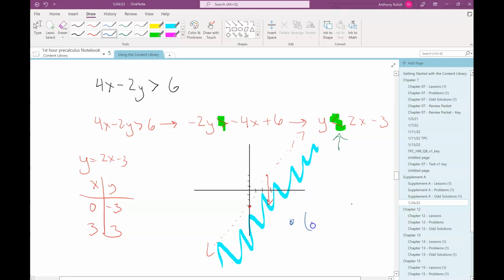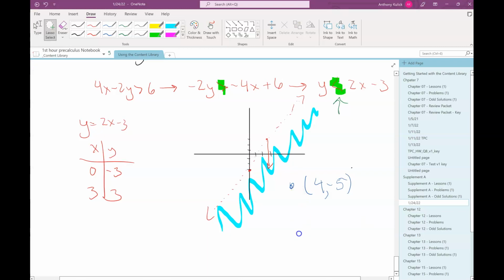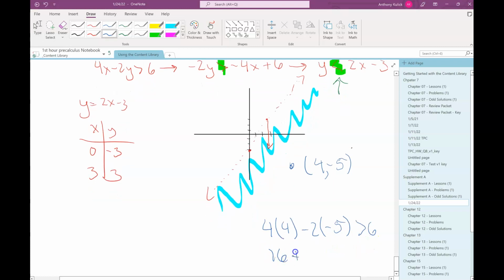Right? So maybe this is the point (4, -5) or something. If I plug that in, 4 times 4 minus 2 times -5 is greater than 6. So 16 plus 10 greater than 6? Absolutely. So this is just as an aside.